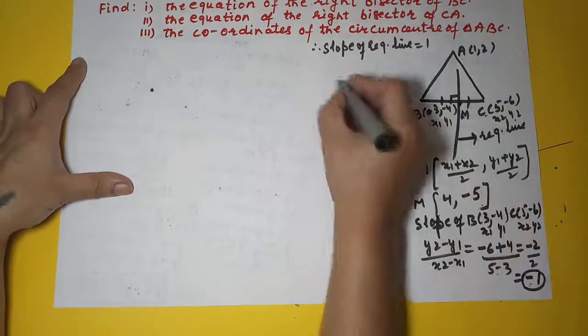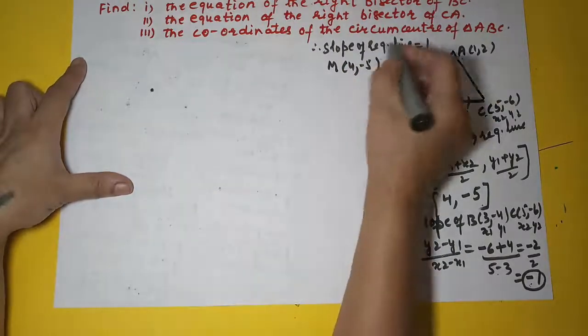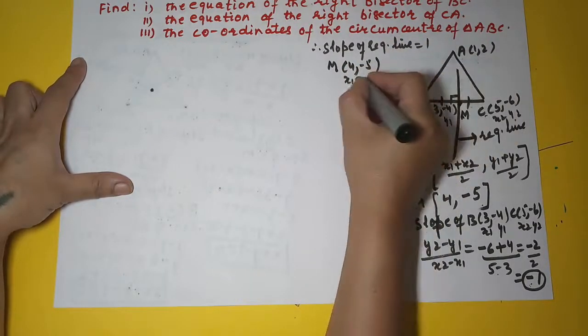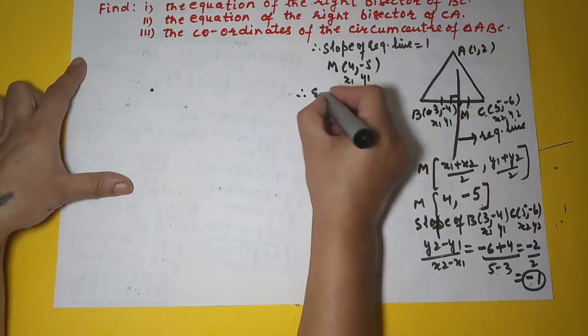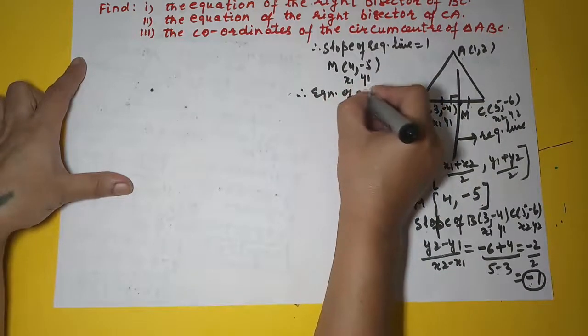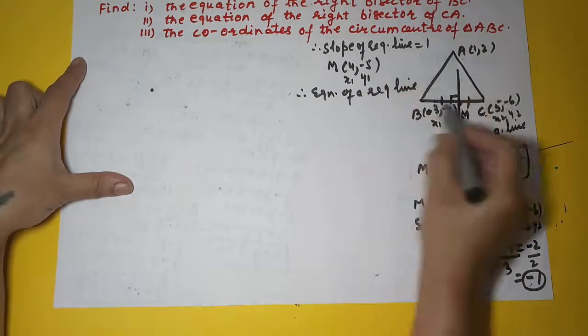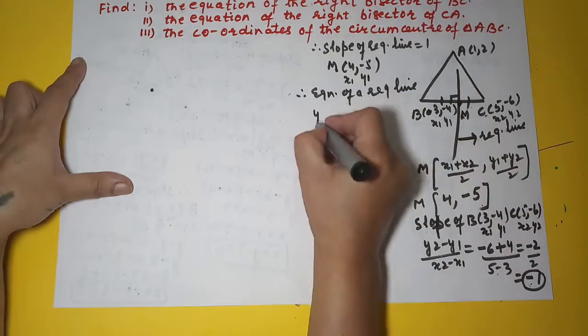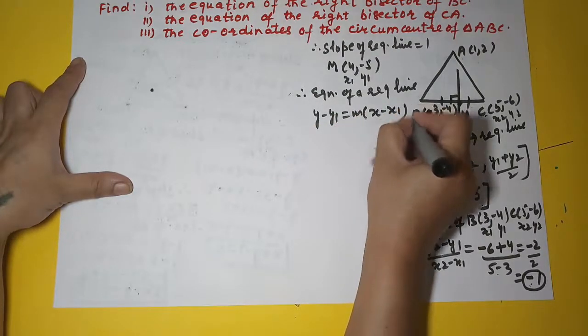You also have the point M as (4, -5), so you can find the equation of the required line now. This is x1 and this is y1. Therefore, the equation of the required line, or the right bisector of BC, is y minus y1 equal to m times x minus x1.